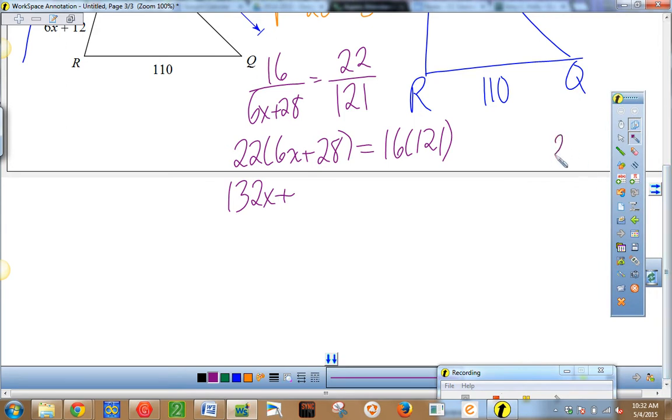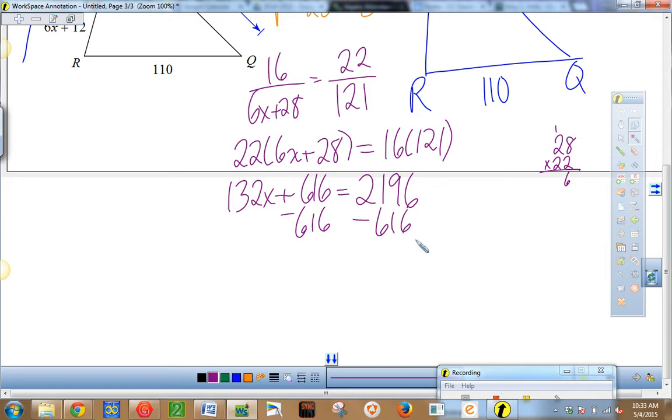Yeah, that's an old school one, unless one of you has a calculator. You got me? 616? Okay, and then 16 times 121? 1,936. There we can solve it. That was a lot of multiplying. I like that. Multiplying's fun.